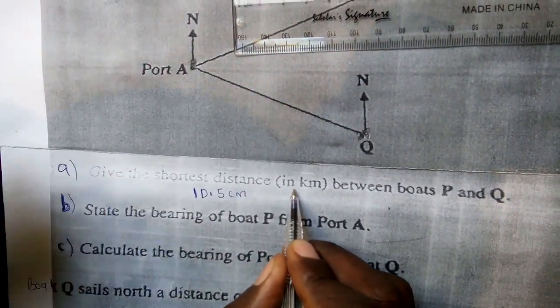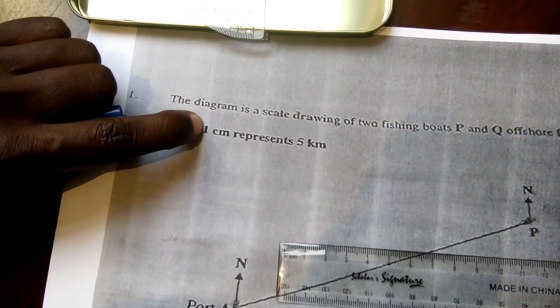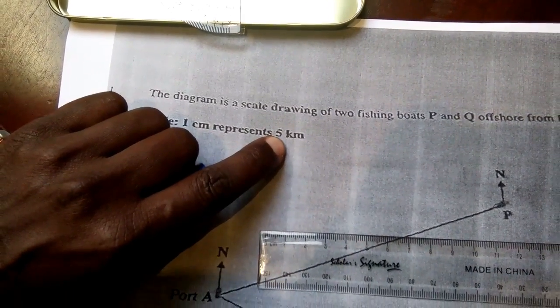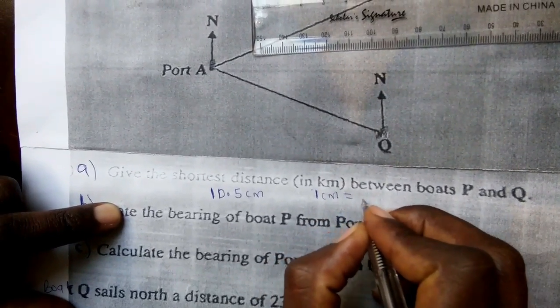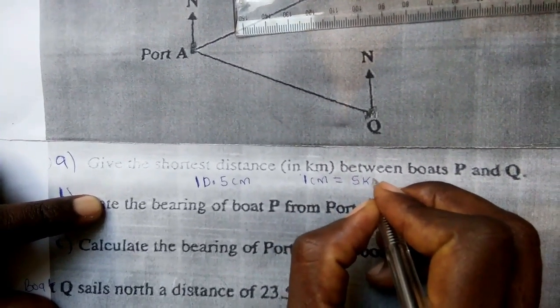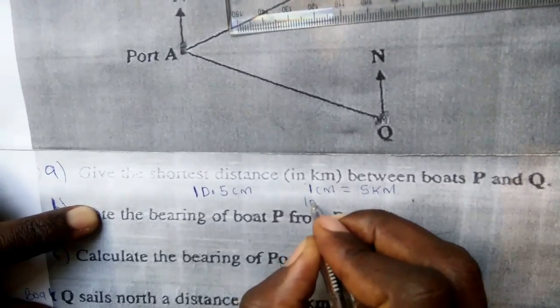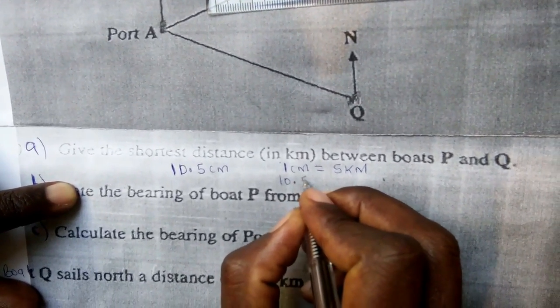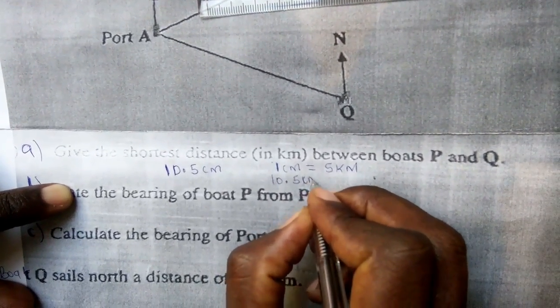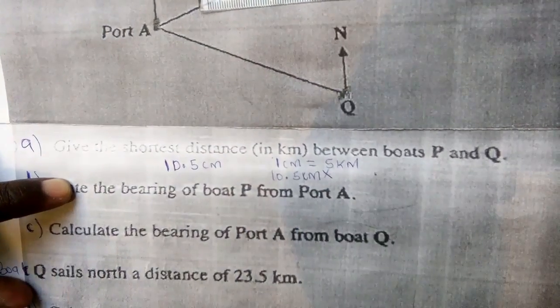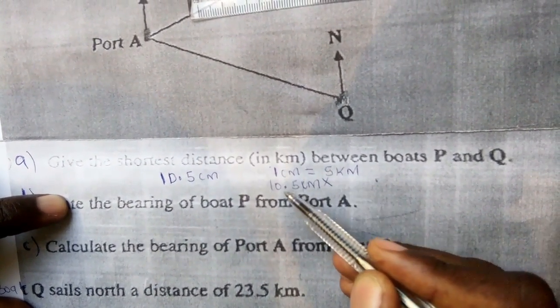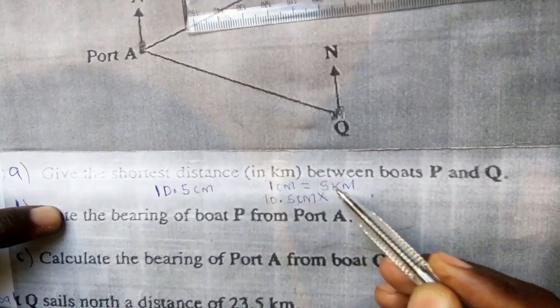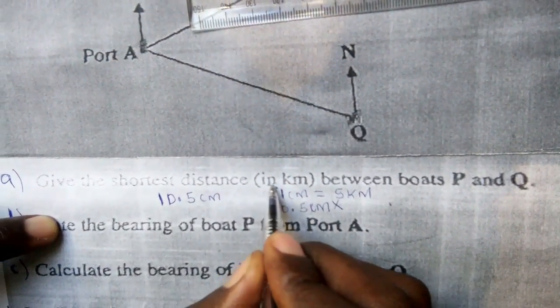So in kilometers, we are saying 1 centimeter represents 5 kilometers. So 1 centimeter is equal to 5 kilometers. What about 10.5 centimeters? We need to cross multiply to get 10.5 centimeters in terms of kilometers.